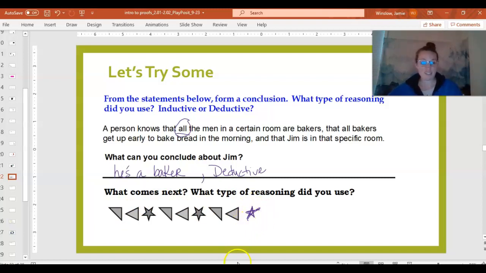They didn't tell us like the third shape is always a star. So we had to use the clues. We had to use the individual cases to see what would come next. So this is inductive. We can use that inductive to make that big statement and say every third shape is a star.